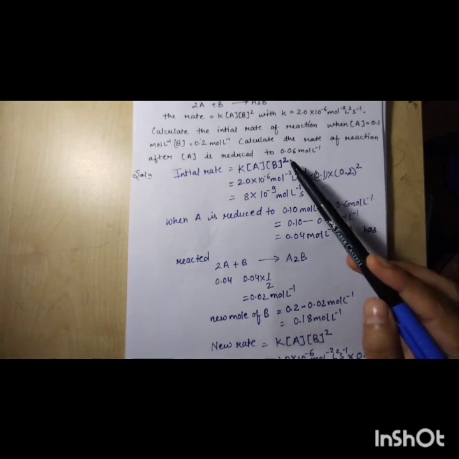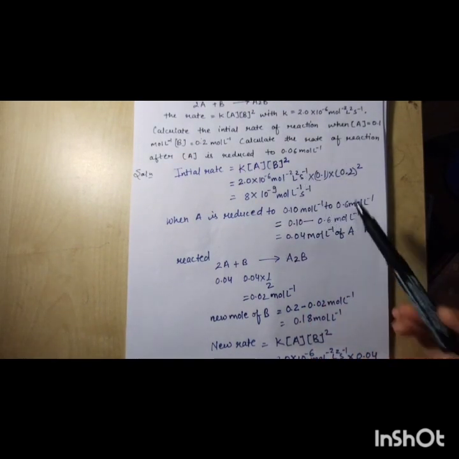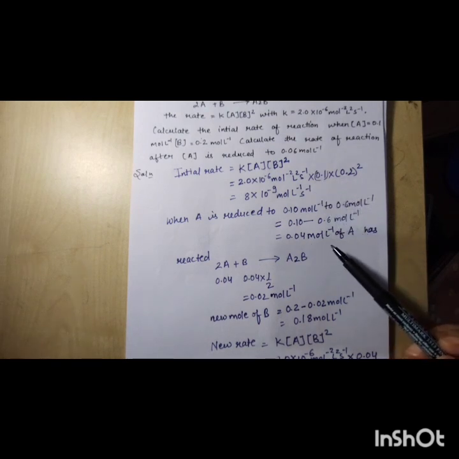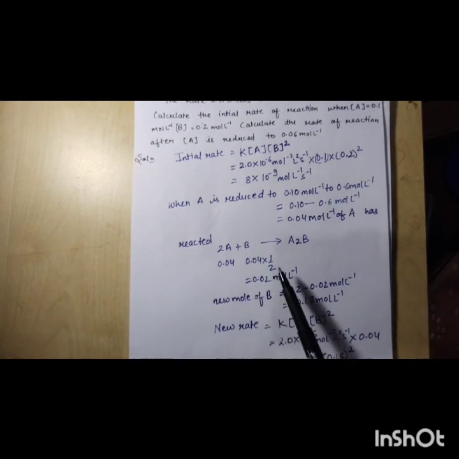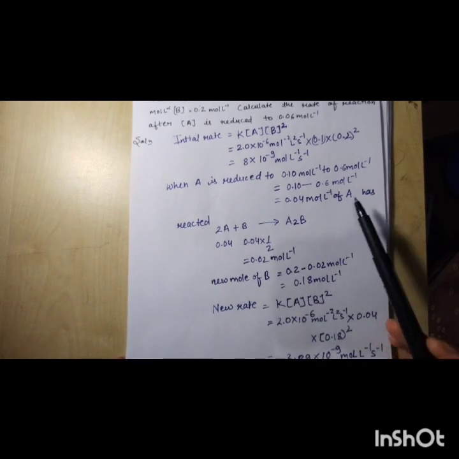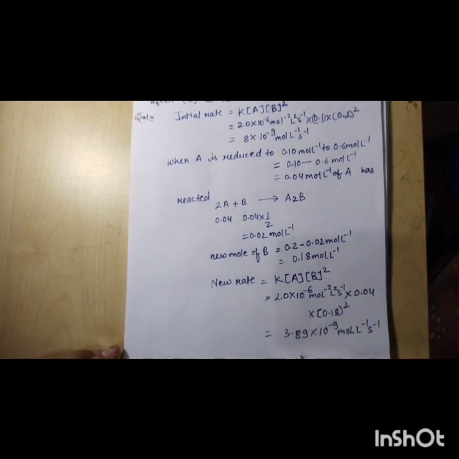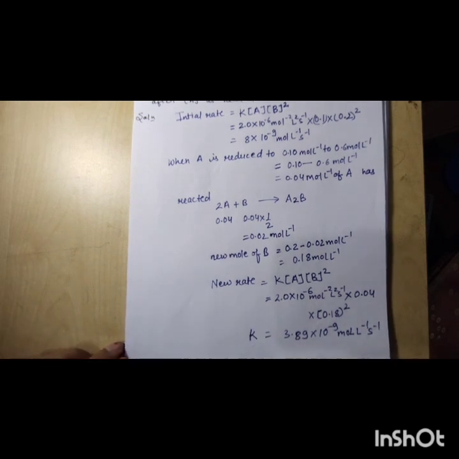As it is given that A is reduced to 0.06, we calculate the remaining moles of A, and from the remaining moles of A we calculate the remaining moles of B. Then we multiply by the rate constant to get the new rate of reaction, 3.89 into 10 to the power minus 9 mole per liter per second. So this will be the answer.